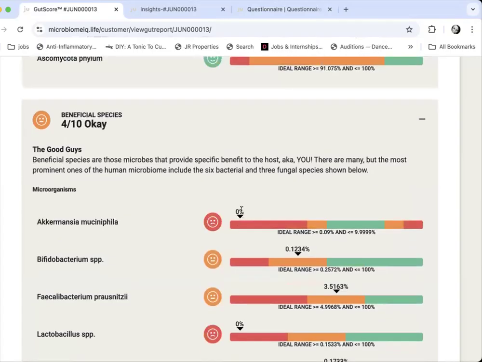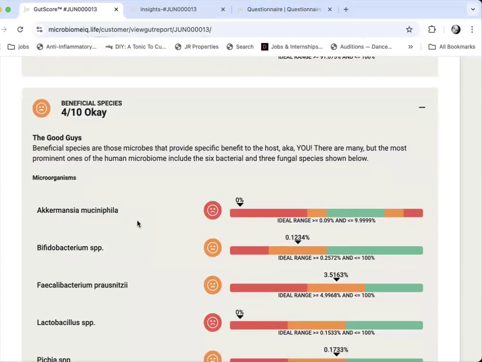When it's too high, it means there's a lot of inflammation going on and there's a lot of active Akkermansia muciniphila working to try to degrade all that mucin. You may see someone who has mucus in their stool if this Akkermansia muciniphila is on the higher range.